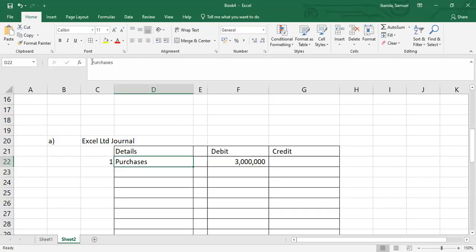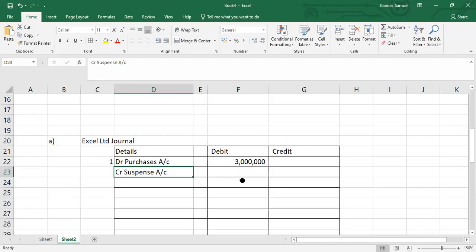Now, I debit my purchases, and then I'm going to credit the suspense account. The reason I'm crediting my suspense account is because we have agreed that purchases, when they're undercast, affect our trial balance and are corrected by a suspense account.